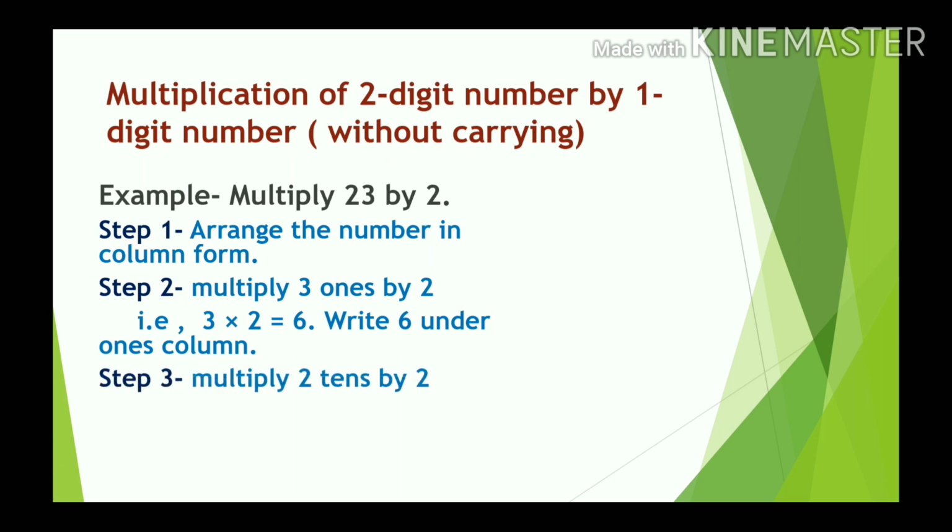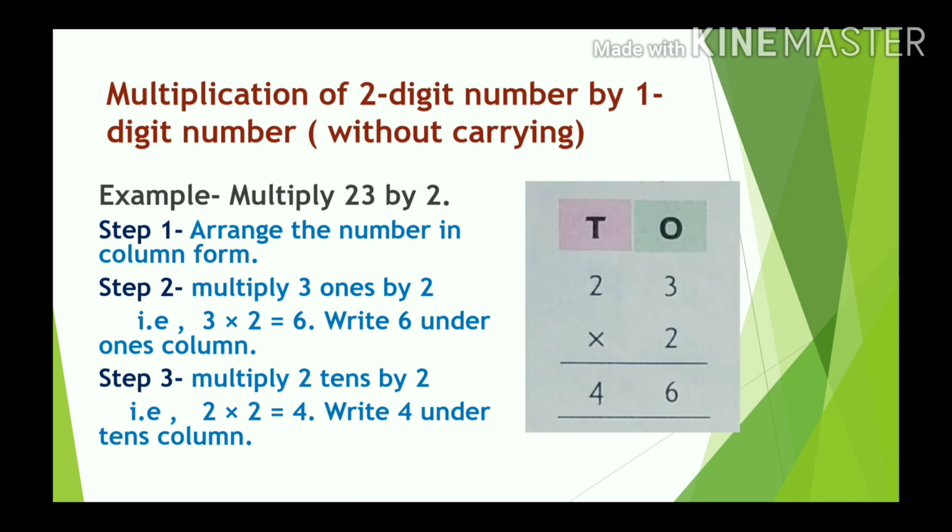Step 3. Multiply 2 tens by 2. That is 2 multiplied by 2 is equal to 4. Write 4 under the tens column. You can see with this picture how we have arranged the numbers in column form, 2 in the tens column and 3 in the ones column.